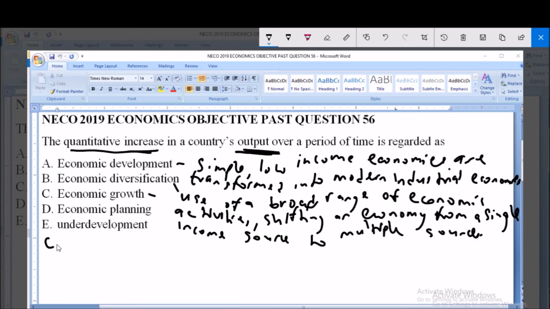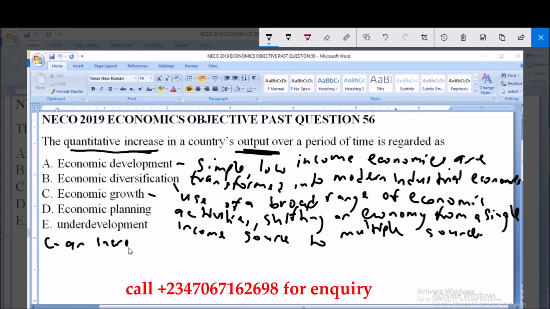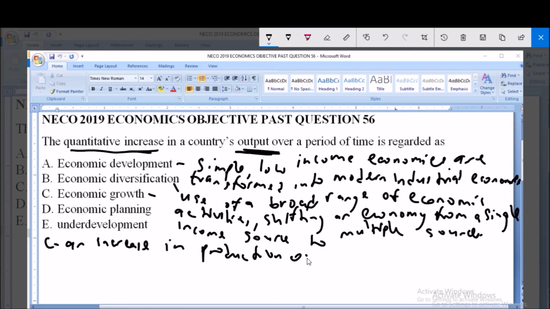Now economic growth, which is option C, is an increase in production of economic goods and services, that is output.